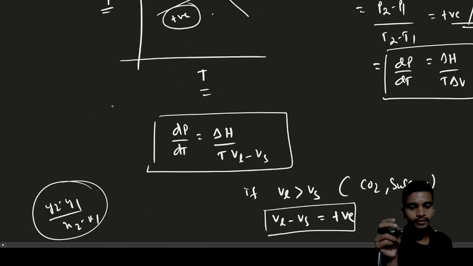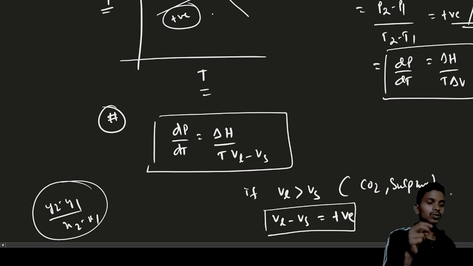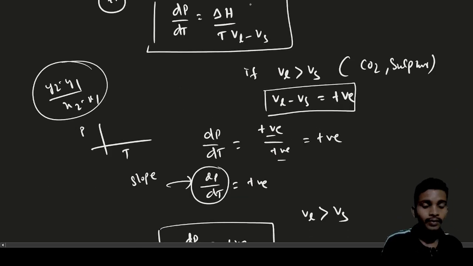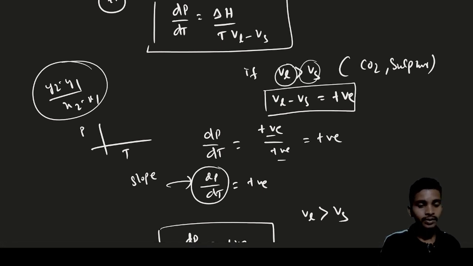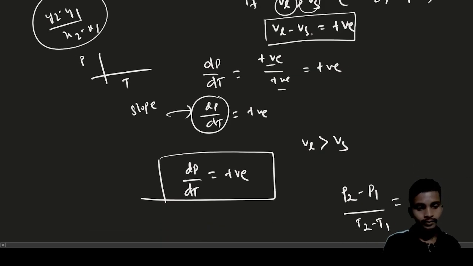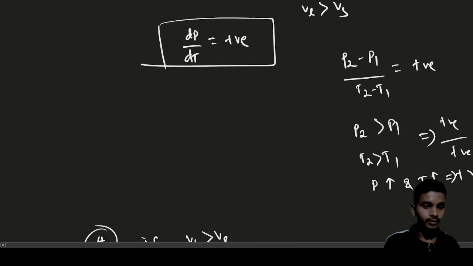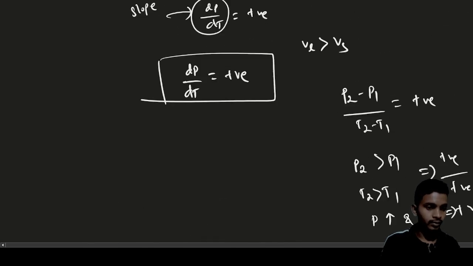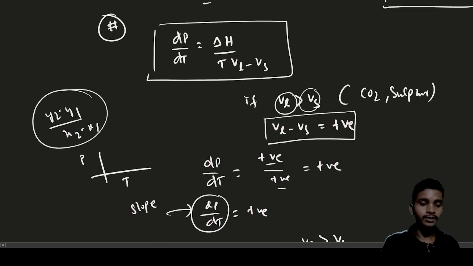This is done for things like carbon dioxide and sulfur, where the volume of liquid is greater than the volume of solid, so if you put this value in, you get a positive value. And the Clausius-Clapeyron equation says delta H over T times the volume of liquid minus volume of solid, and if this value is positive, then positive by positive gives positive.